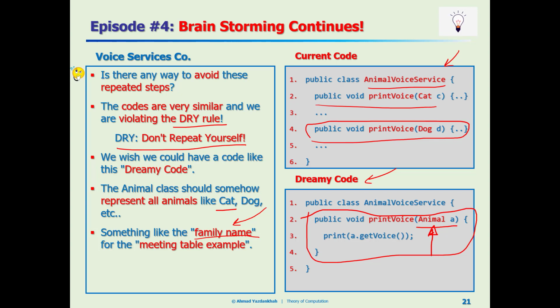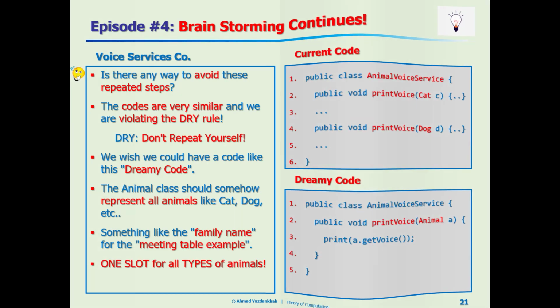You remember one family name, and everybody who has the same name we can send to that meeting. Or we had one slot for all types of coins. So now they are thinking to create one slot here to be able to pass any kind of animal. Is it possible? Yeah, that's the beauty of object oriented, right?